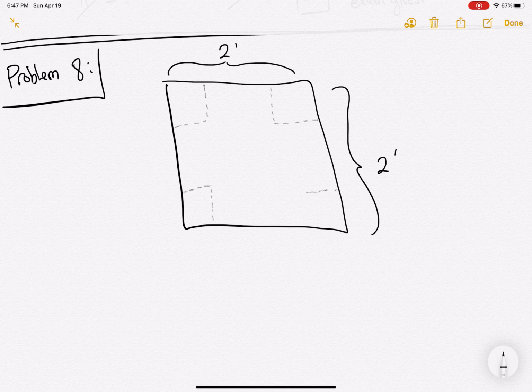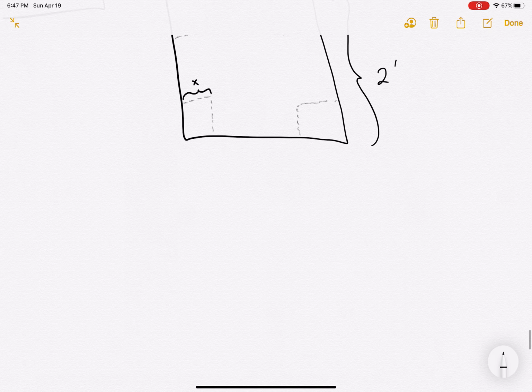You guys will remember this problem from our class period. Cutting squares out of the corners. I'm going to give my squares length x, but then we're folding this up to an open box.